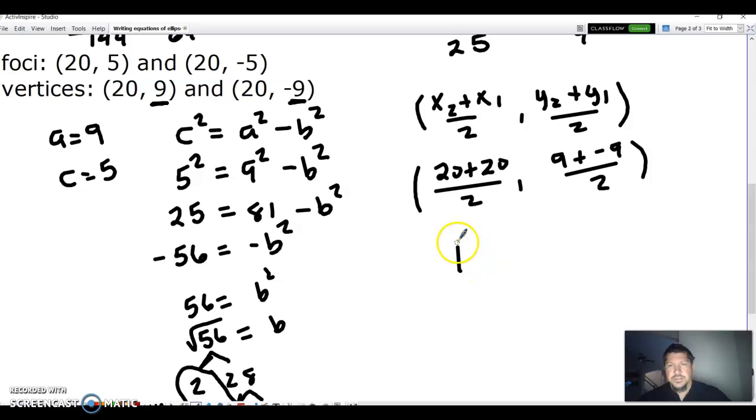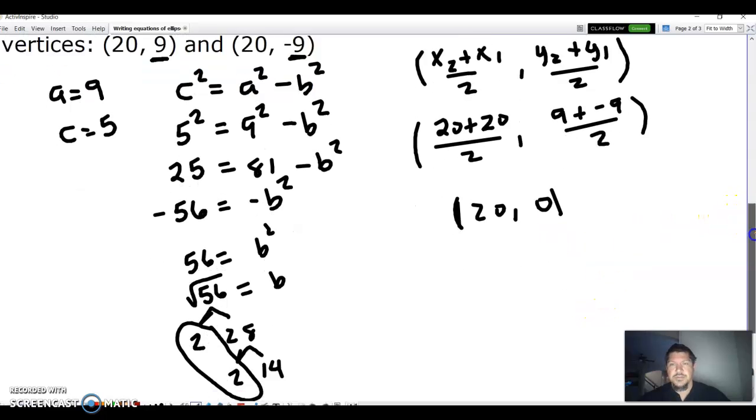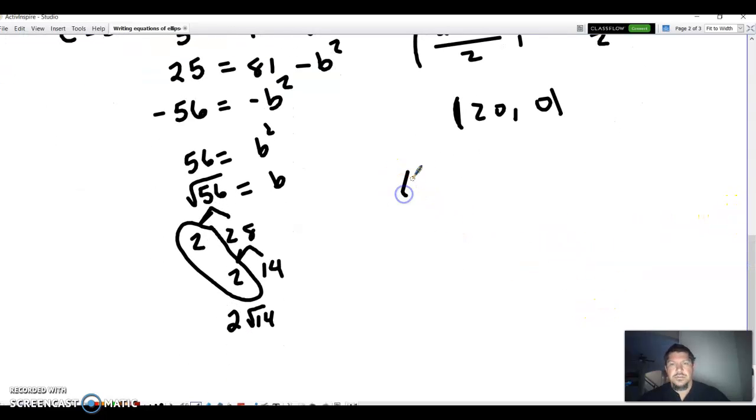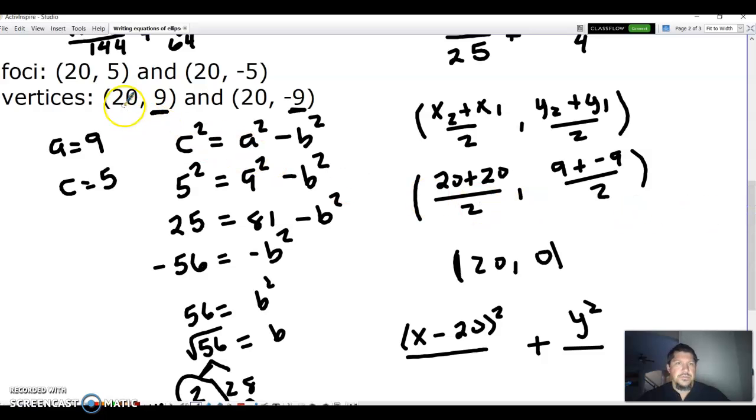Well, that's obviously going to give me 20. That's 0. So my center is at 20, 0. So this is going to be x minus 20 squared, and this is going to be y squared.